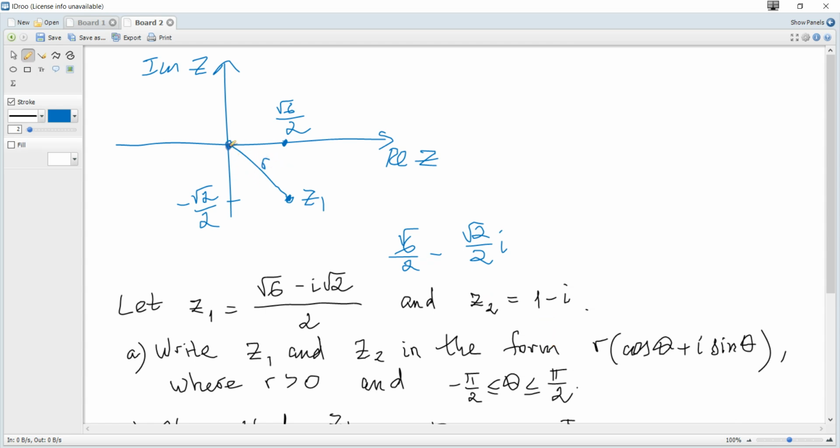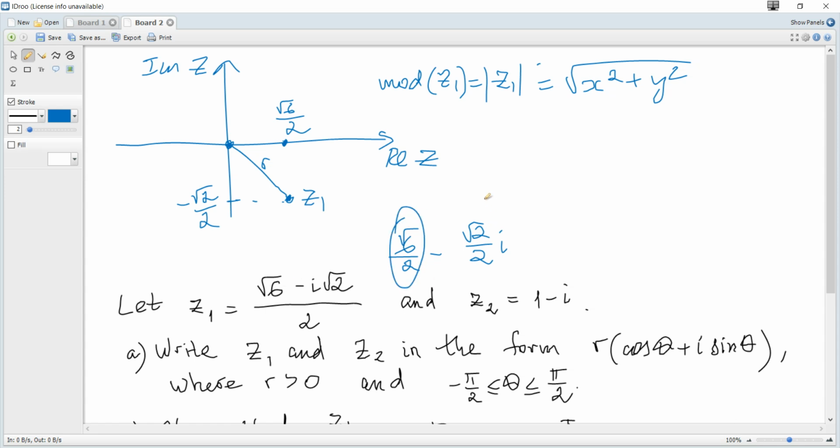Modulus is just the distance from the origin, and it's just the Pythagoras theorem. It is given by the formula that the modulus of a complex number, which may be denoted as mod of z1, is the square root of x squared plus y squared, where this is x, this is y.